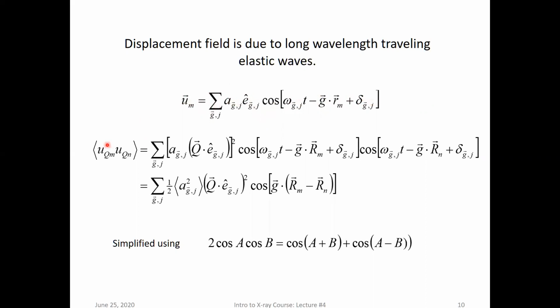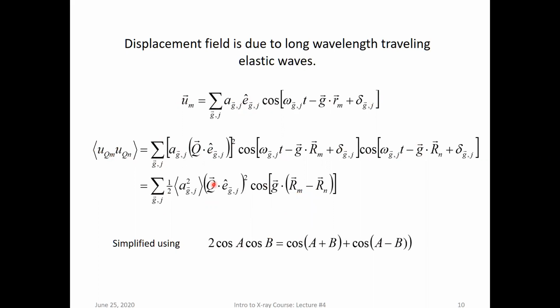But I can then calculate this thing by just substituting this in, and you get kind of a mess. There's, of course, the product of two cosines, because I had two terms here. There's going to be some dot products, with u dotted into Q, and it's kind of a mess. But I can simplify it using my cosine forms, and I come out with something down here, which is starting to get simpler.